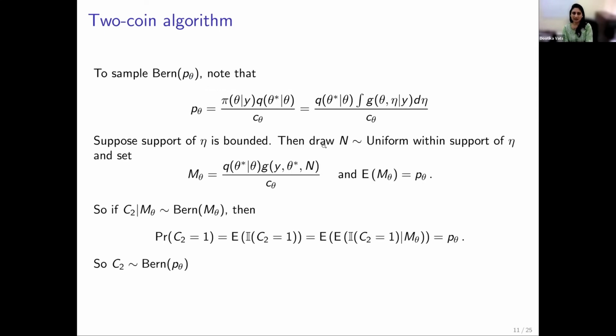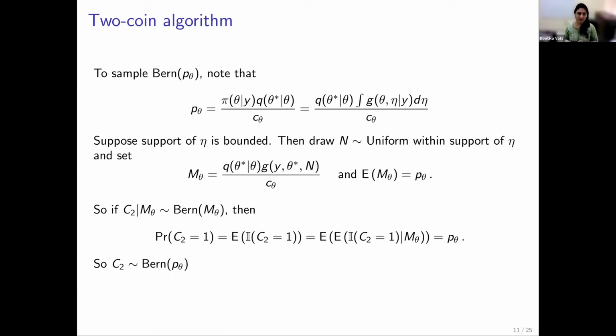As in, I can draw a random variable n, which is uniform within the support of eta, and then set m sub theta to be q times g evaluated at that realization for eta, which is n, divided by c theta. If I take the expectation of m theta with respect to my randomness coming from n, then this is just going to be the integral over here, which is just going to give me p theta.